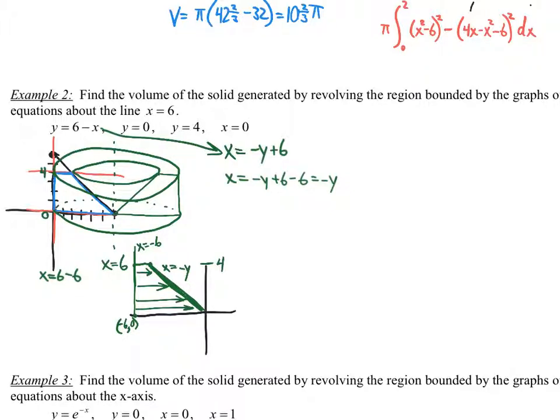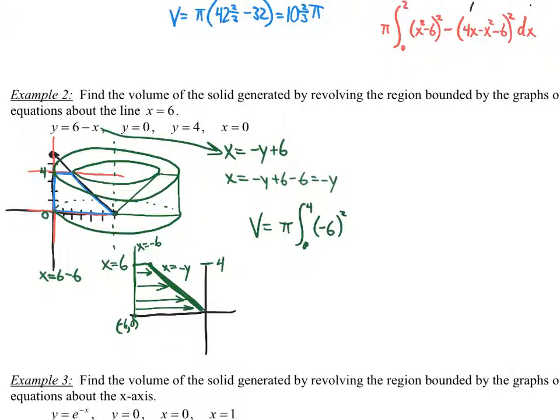So the outer shell of this is going to be which function, or which equation? x equals negative 6.